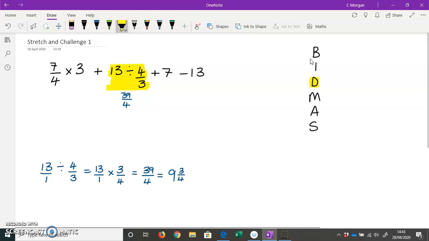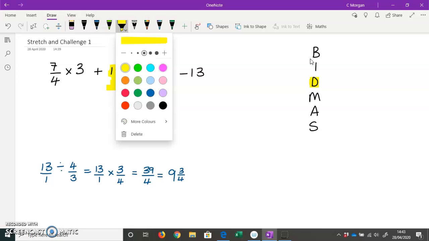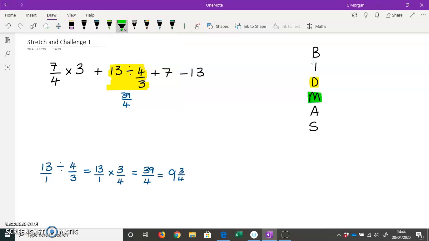The next thing I might do, if I look down my BIDMAS list, is my multiplication. So I'm going to highlight the multiplication in green that's inside this really horrible looking calculation. So in a different area of the screen, I'm going to complete that one in a different colour. So I'm going to do 7/4 times 3.